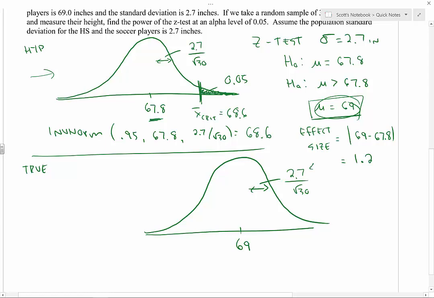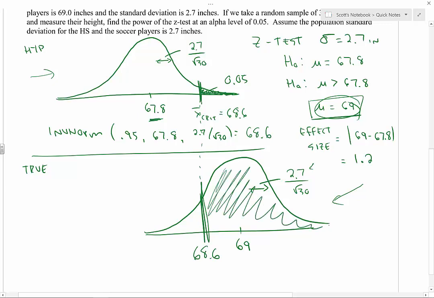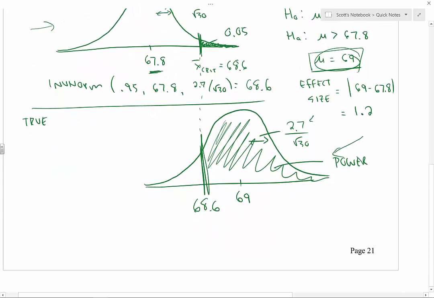Now what I want to know is, since I'm actually taking my sample mean from this distribution, what's the likelihood that I get a sample mean that is bigger than that 68.6 that I found before? And this right here is the probability that we're going to reject the null. That's the power of our test.